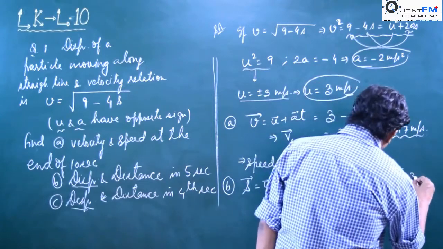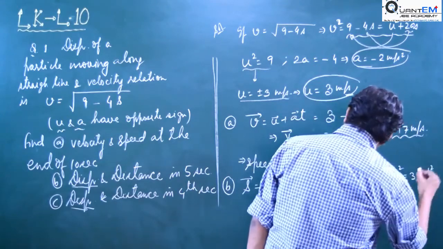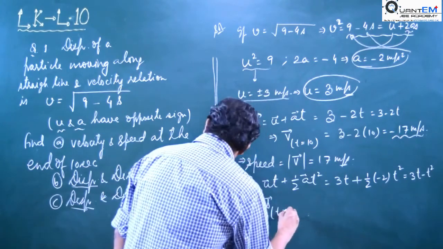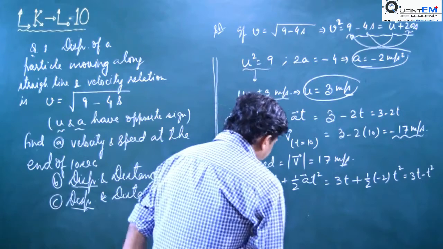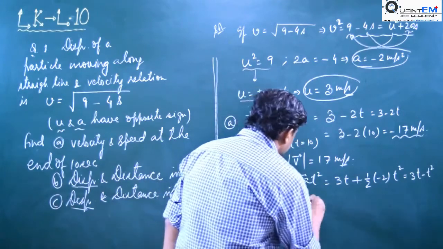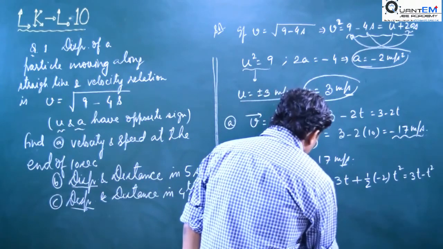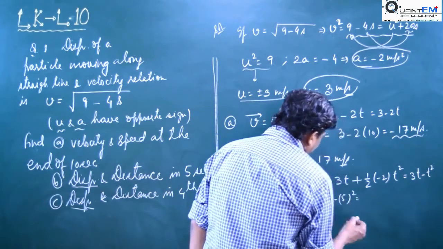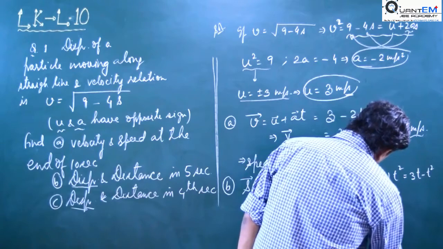That is 3t minus t square. Now at what time we have to get displacement? It is at the end of 5 seconds. That is 3 into 5 minus 5 square, 15 minus 25, that is minus 10 meter.